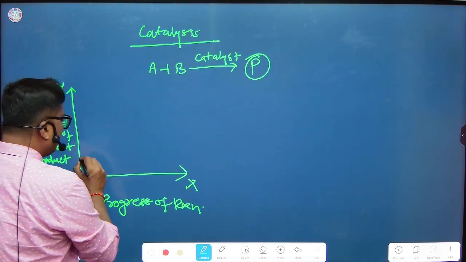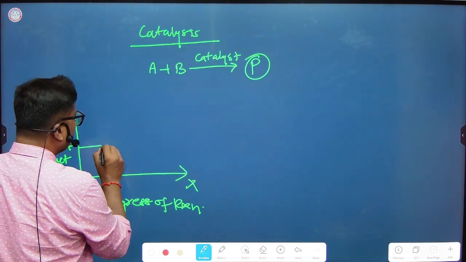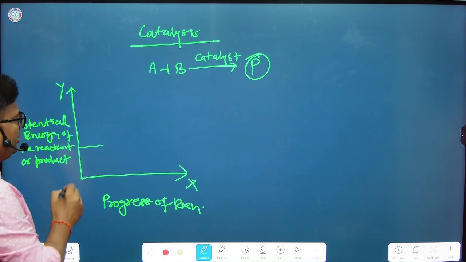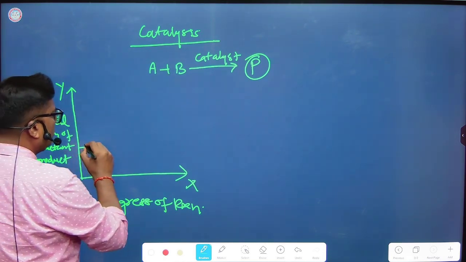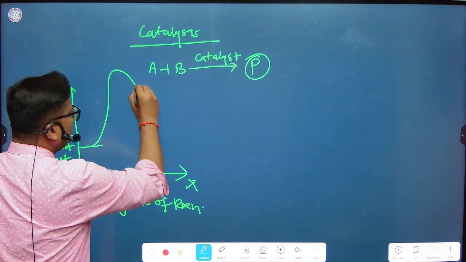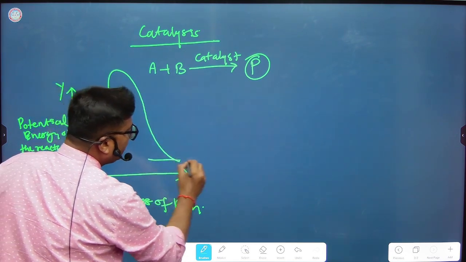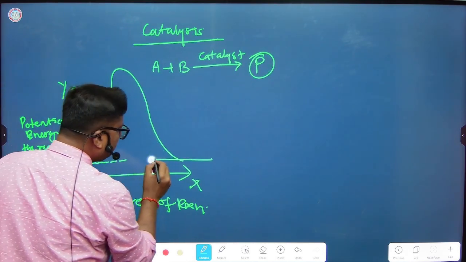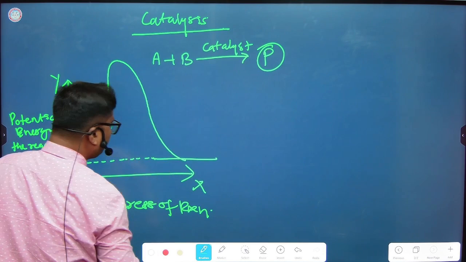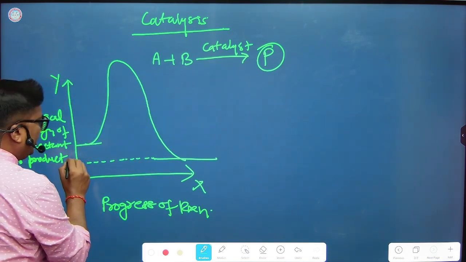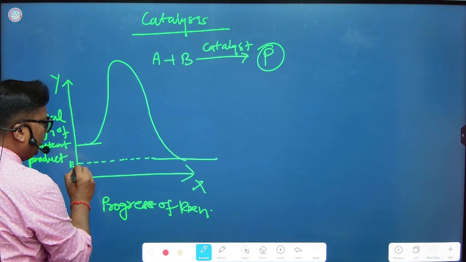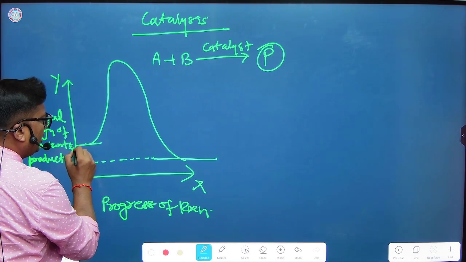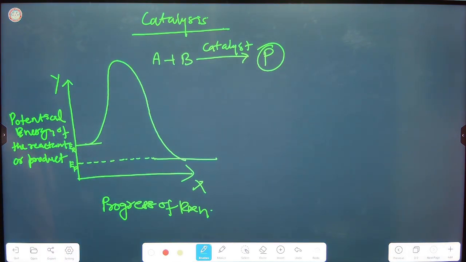There is an energy level where all the reactant molecules are present, so the graph looks like that, right? This is the energy of the product, EP, and this level is defined as the energy of the reactant, right?